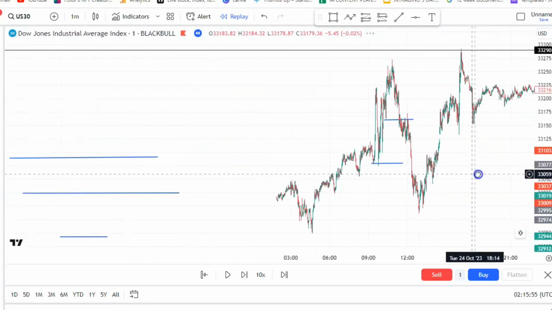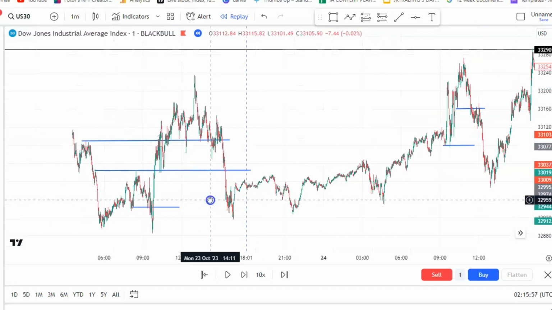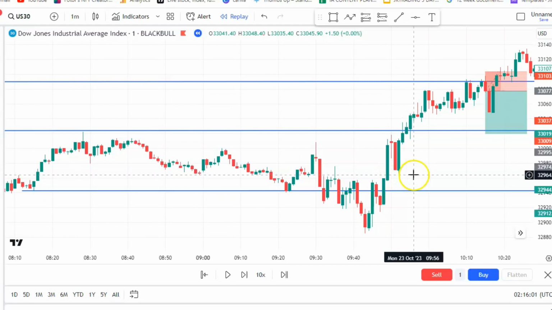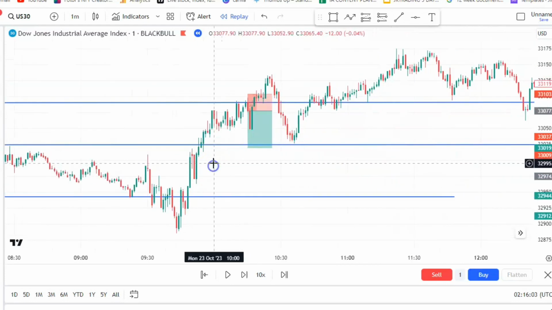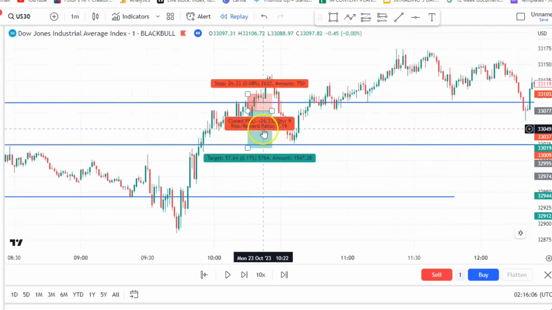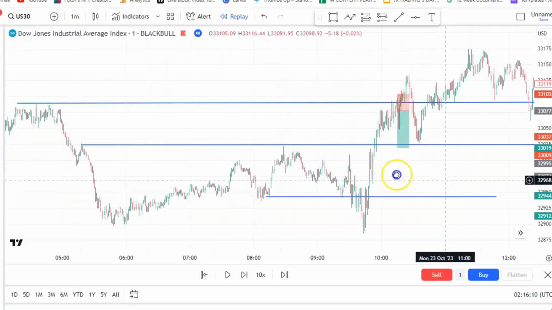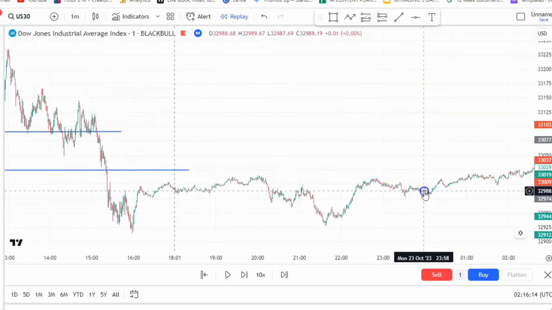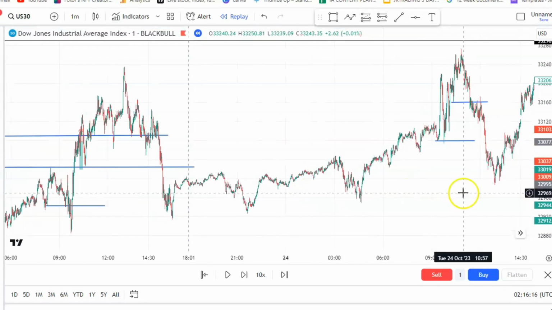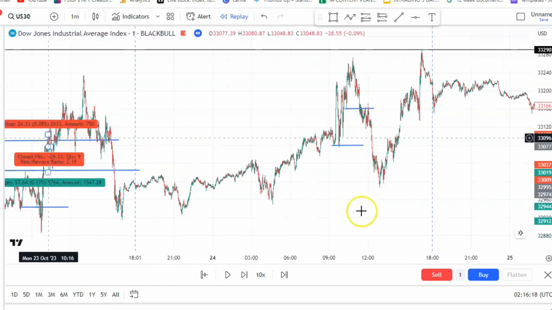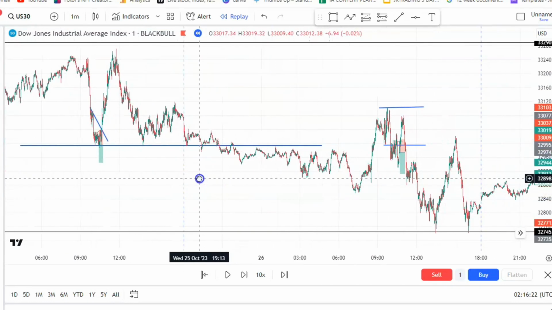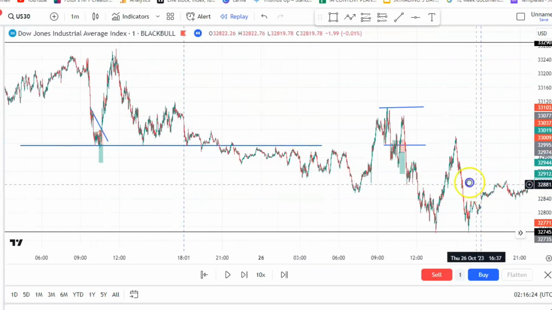Now let's look at how many pips I've lost and gained. Not pips, but R, in terms of I'm risking the same amount of money every single trade. So I lost 1 on Monday, 2 on Wednesday, 3 on Thursday.